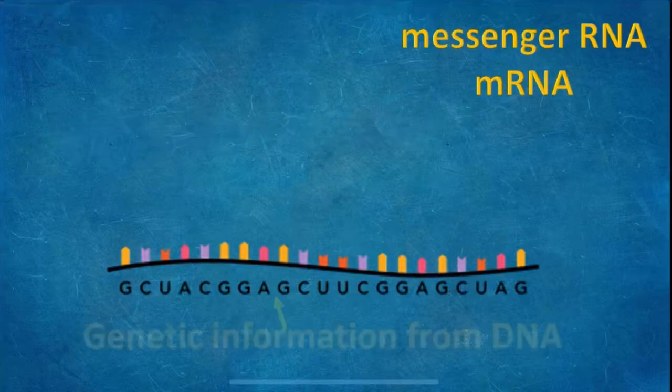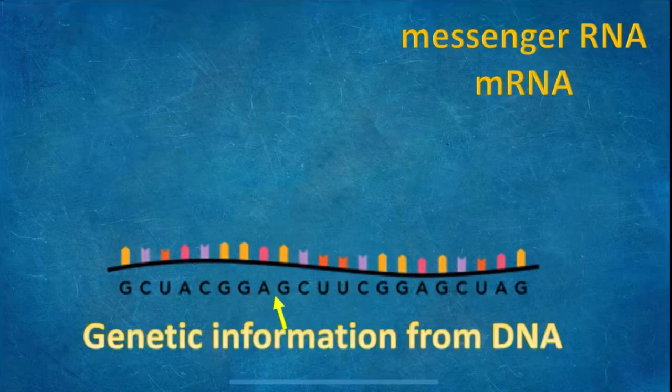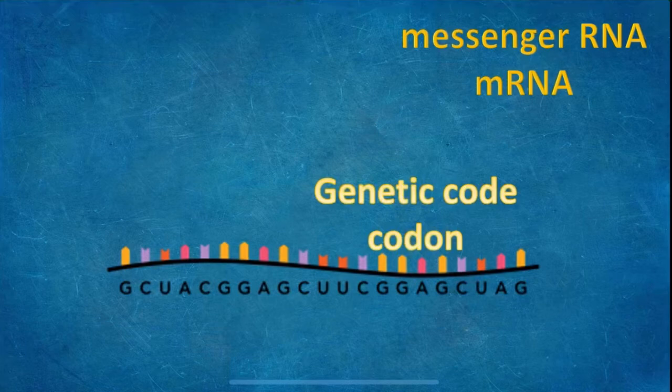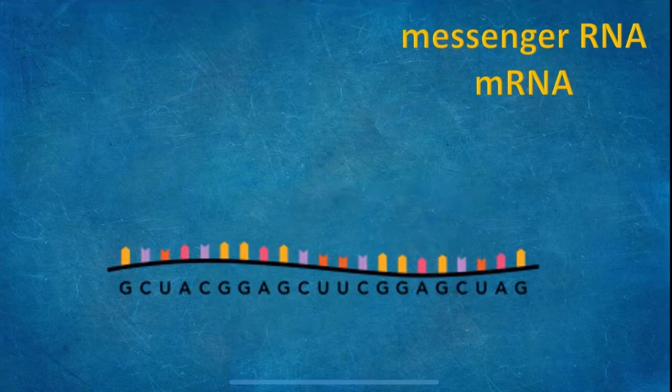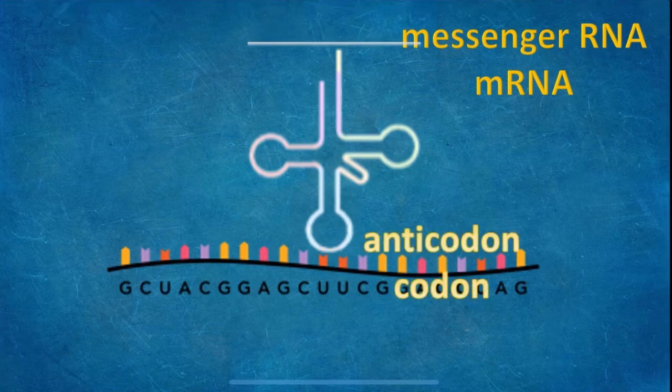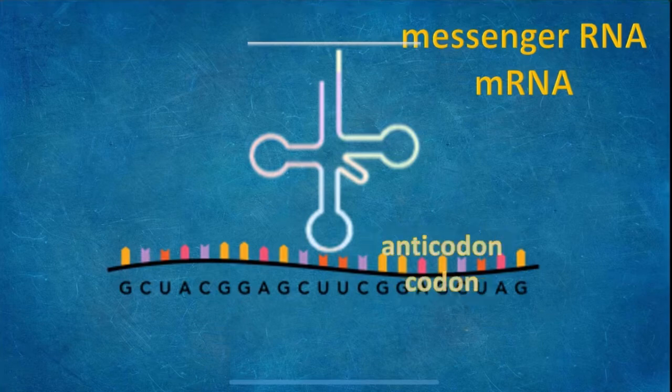It contains genetic information from DNA, as you can see over here. Because of this, it contains the genetic code, which is called the codon. So at the time of translation, when tRNA comes and binds to this mRNA, the tRNA will contain the anticodon and the mRNA will contain the codon. Both will bind complementarily to each other and translation can carry forward.